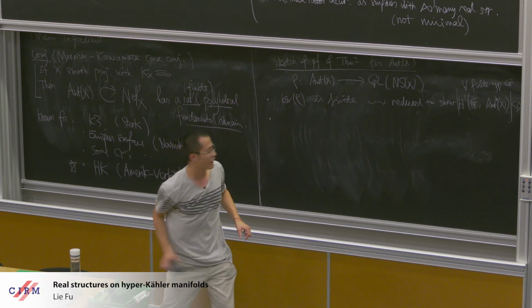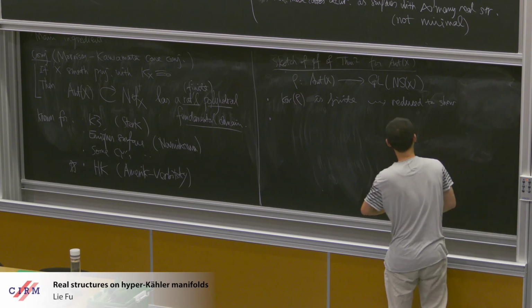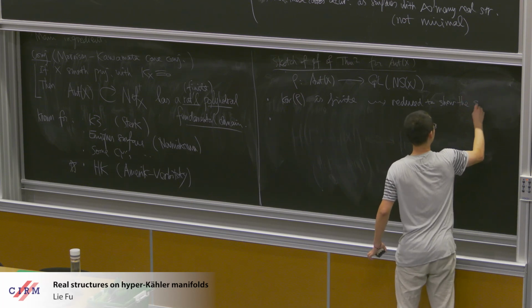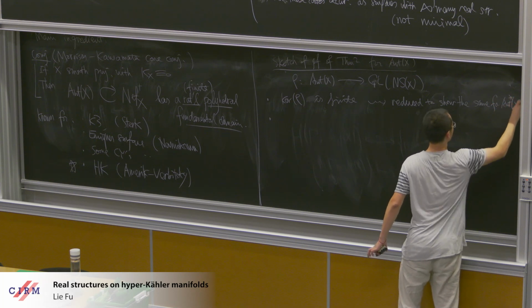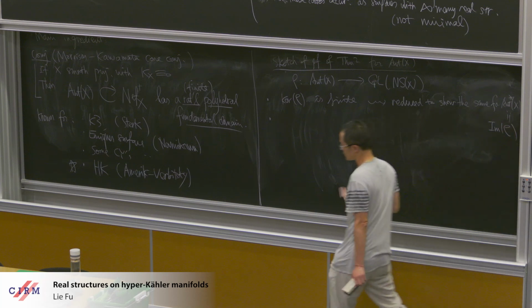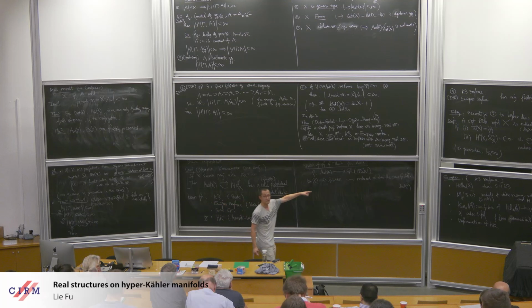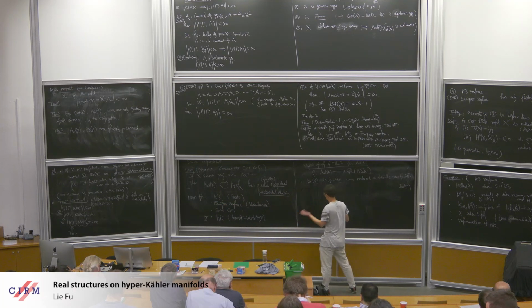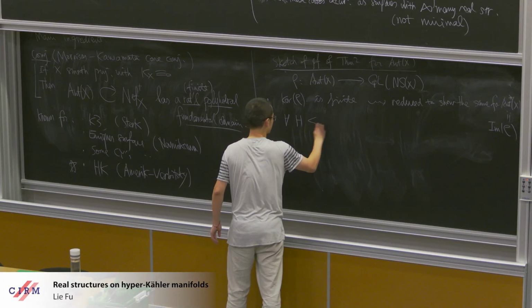Okay, I should say we have to show the same thing for Aut star, which is the image of rho. We are going to show there are only finitely many finite subgroups up to conjugation in this image. So let's pick a subgroup H, a finite subgroup.